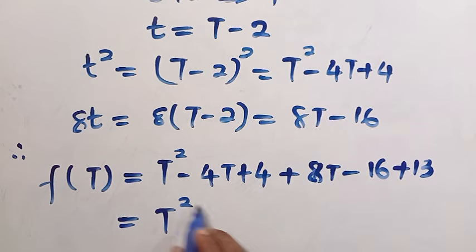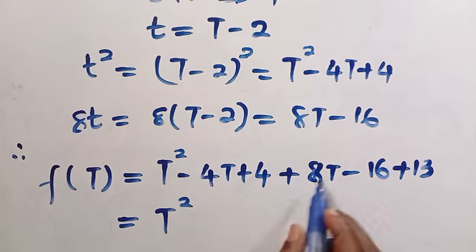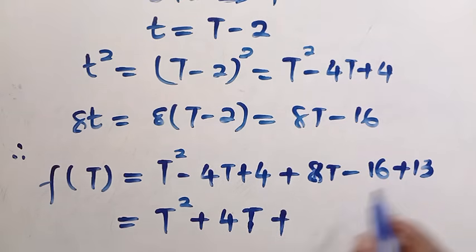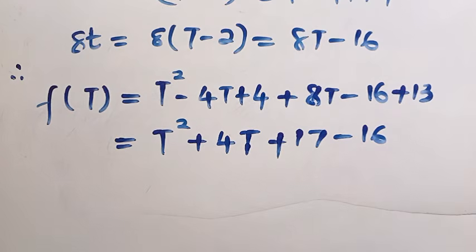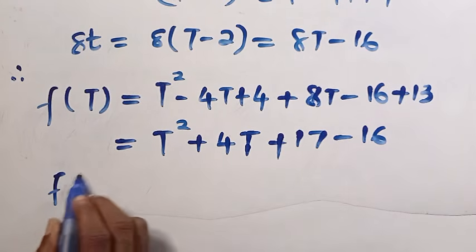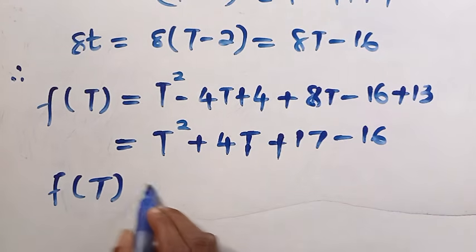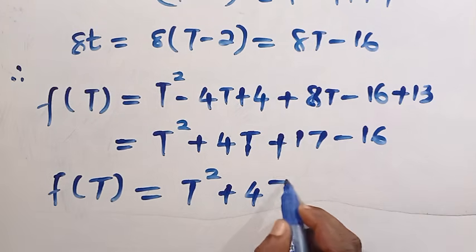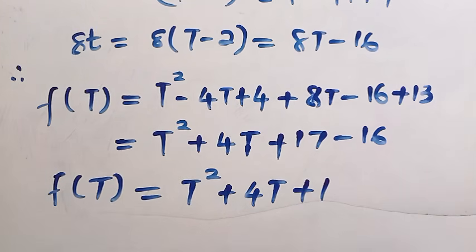This equals, t squared is the only one that repeats. Then minus 4t plus 8t gives us plus 4t. Then plus 4 plus 13, that is 17, then minus 16. So we have f of t equals t squared plus 4t plus 1.